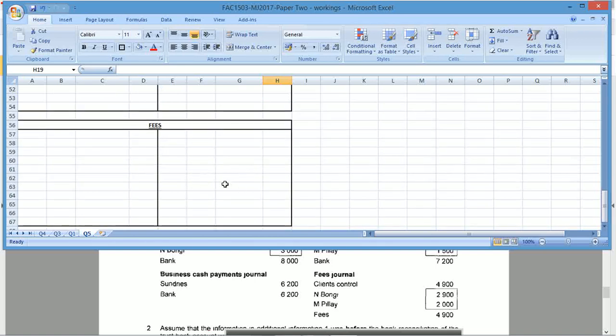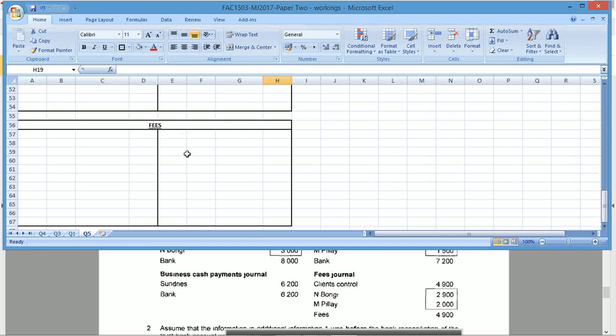Okay, this is looking at the client control account. So, client control means, let's think about it again. Oh, it means the client is paying us for services that we've done. Okay, we've earned the fee. Does that make sense? Yeah. Okay. So the fees journal, it's an income.